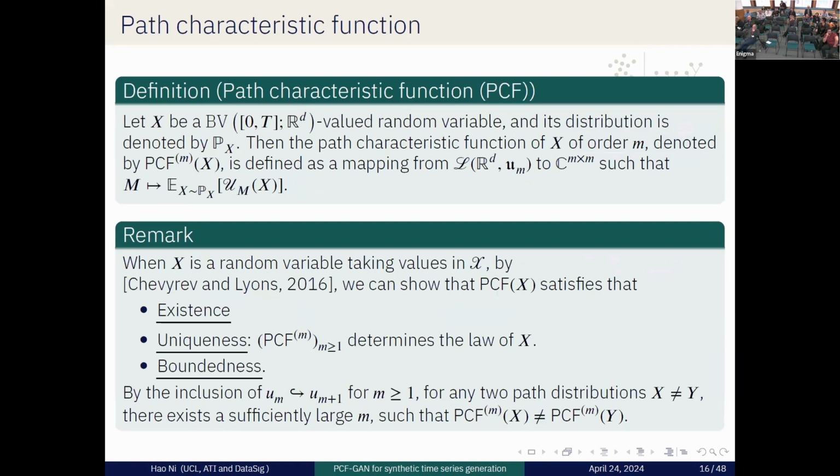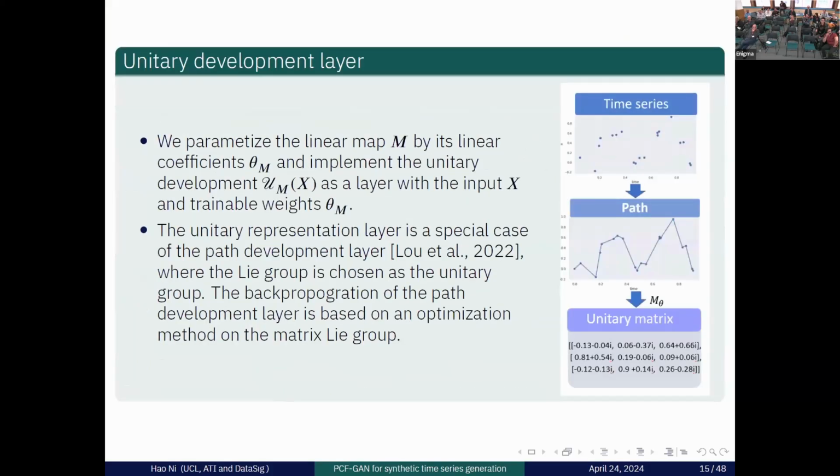Okay, sorry, go back. Yeah, okay. Where is theta in the unitary matrix? Where is the parameter? So the linear map is parameterized by its linear coefficients. That's the theta here. So what I'm saying is that given theta, the linear coefficient, it induces the corresponding linear map. And then we calculate the unitary feature.